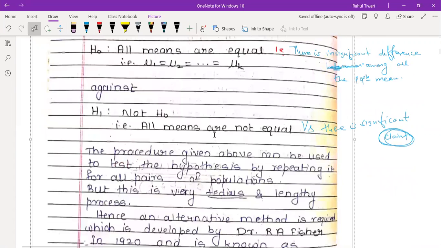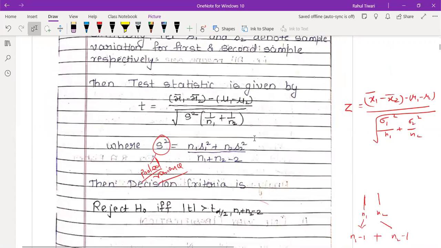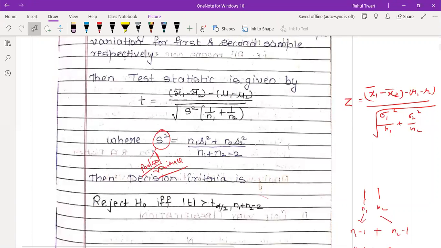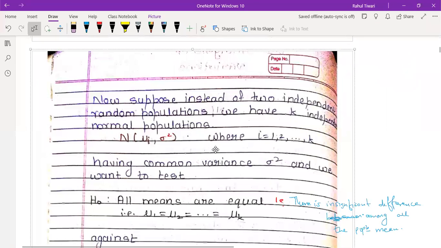When you have two populations, you have such complicated formulas to memorize, and the first time you do it, it becomes difficult. So think about three groups, all pairs. Suppose you have k groups; you can take one with two, one with three, one with four, one with five, and so on.